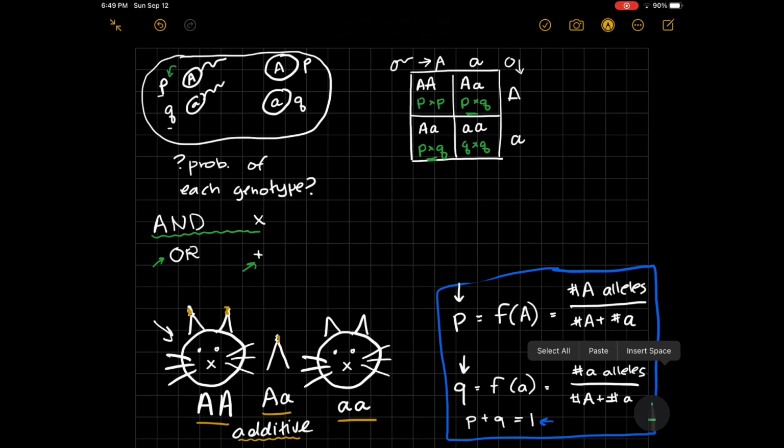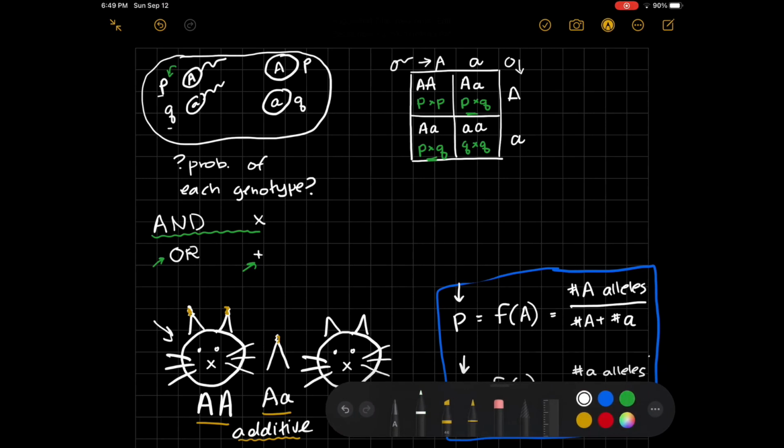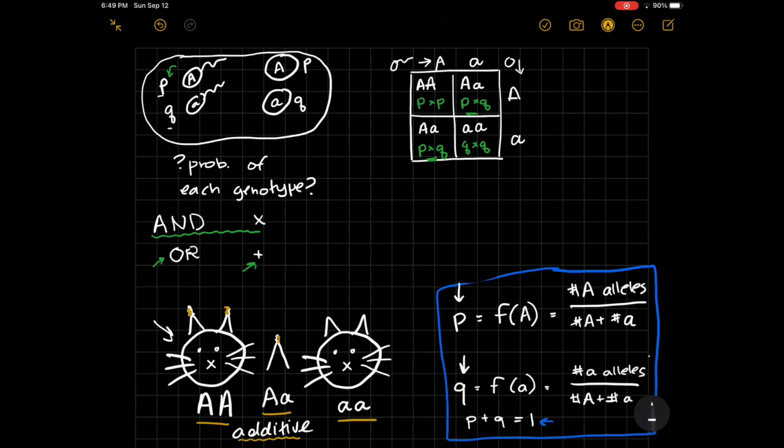Okay, so that's our or statement. We're going to add those together: P times Q plus P times Q, or 2PQ. So that gives us all of the frequencies of these different genotypes.